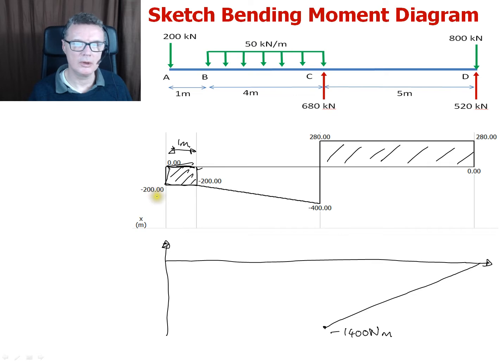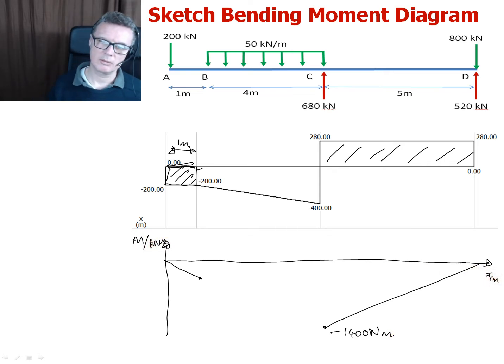So you could find what we're going to be here. So we'll be minus 200 at this point. So we start at 0. So we've got units of kilonewton meters, and here we've got x divided by m there.